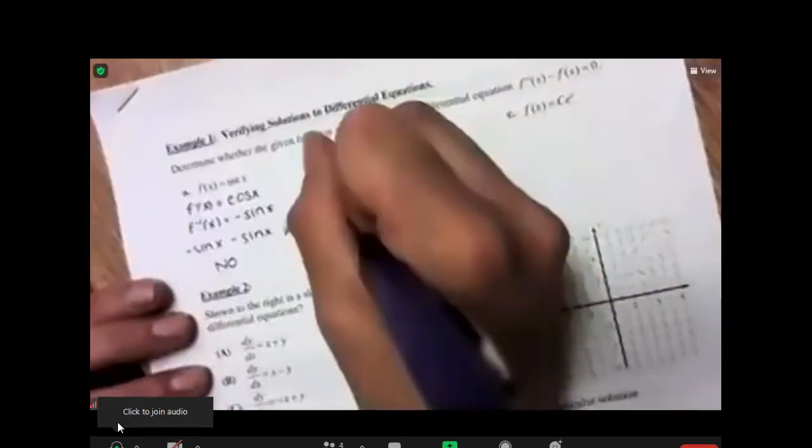So it's negative 4 times negative 1 e to the negative x. And a negative times a negative is a positive. So we have 4e to the negative x for our second derivative. So that means that this is 4e to the negative x minus 4e to the negative x, which does in fact equal 0.